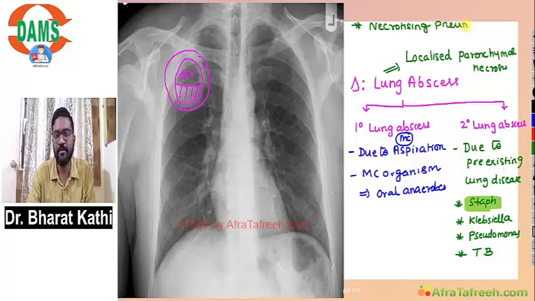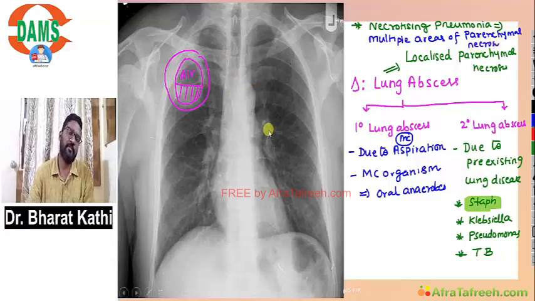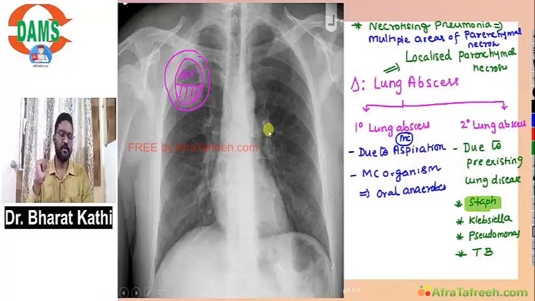Necrotizing pneumonia is nothing but multiple areas of parenchymal necrosis. So if there are such processes happening in the majority of the lungs, it is called necrotizing pneumonia.